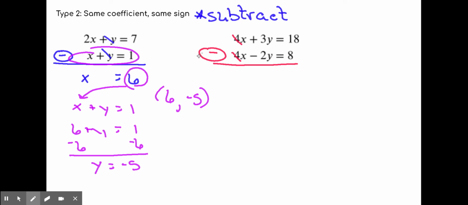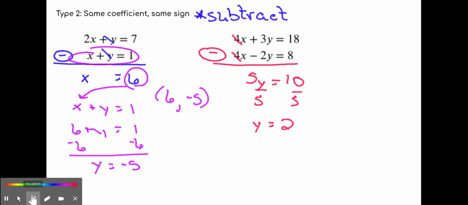What is 3y minus a -2y? It's 5y, right? Minus a negative becomes plus. And then 18 minus 8 is 10. So I'm going to divide both sides by 5, and I get y is 2.